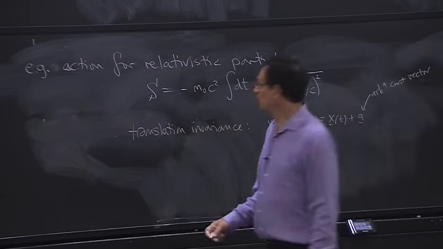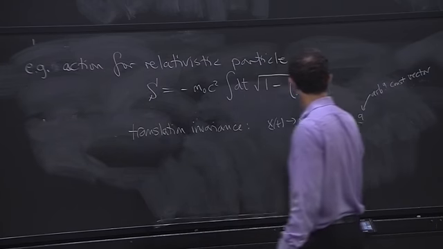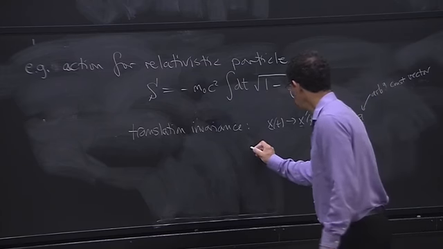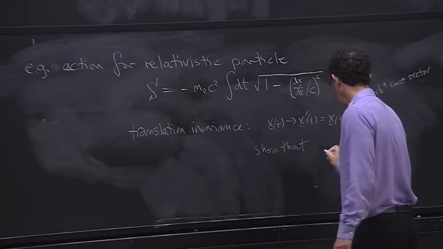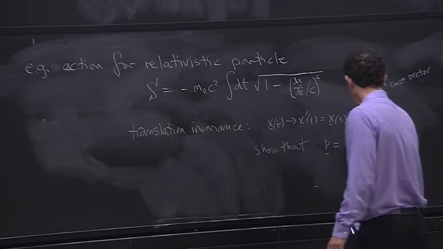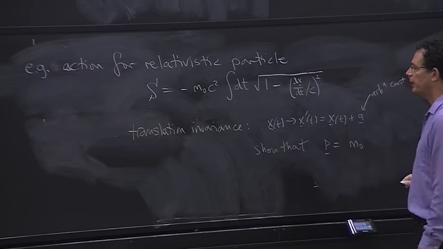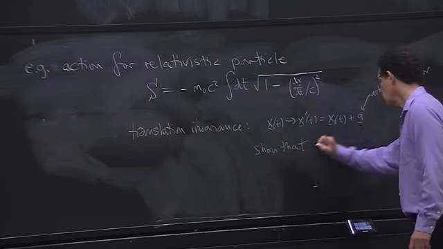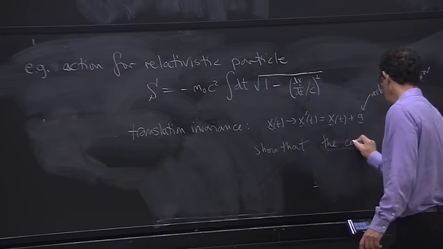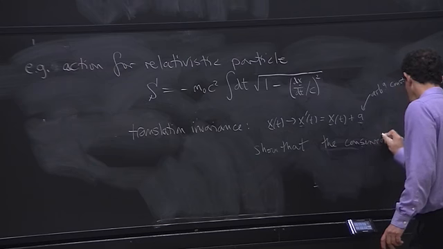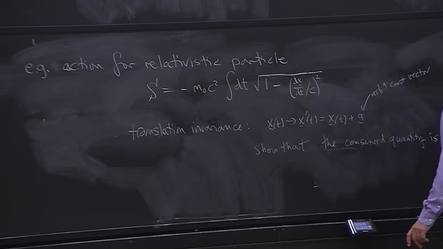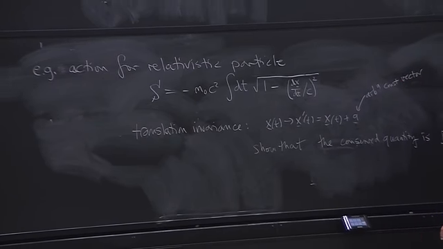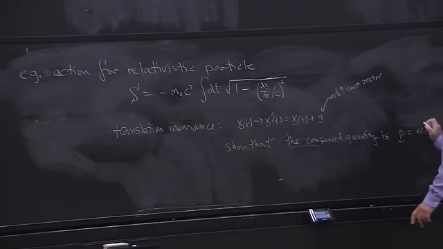Okay, so calculate delta S under this transformation and show that the conserved quantity is P, which is m naught gamma dx/dt.